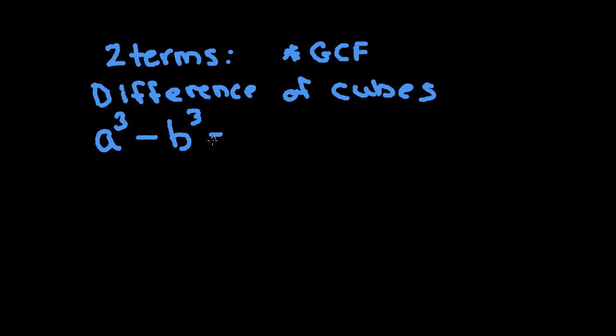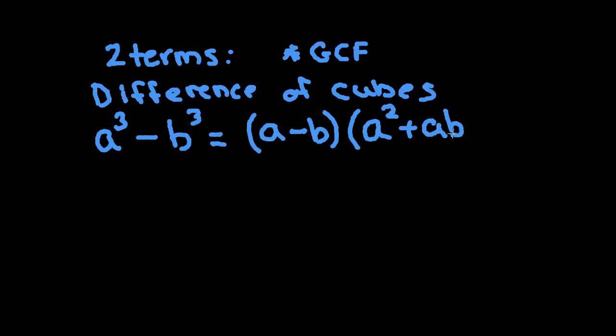So that is going to factor into taking the cube root of each of these, so you get a minus b, and then you're going to have that value that you took the cube root of, you're going to square that value. Then you're going to multiply these two terms together, a, b, and then you are going to square that second value. So that's what it factors into.